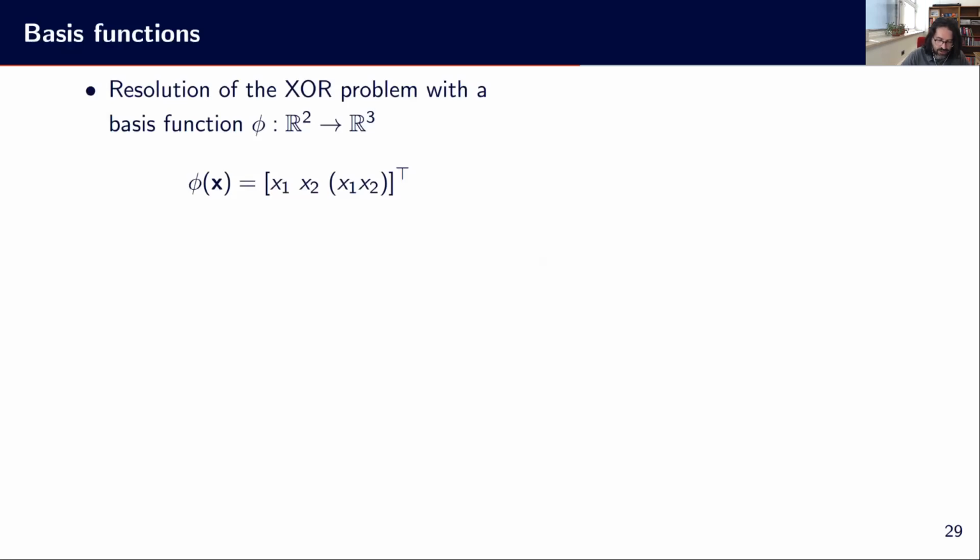So there are some basis functions available. For example, for the XOR problem, we can get into a new space. We could just map from 2D to 3D, with x1, x2, which are the same as before, plus x1 times x2. Making that mapping in 3D, we have something like this.